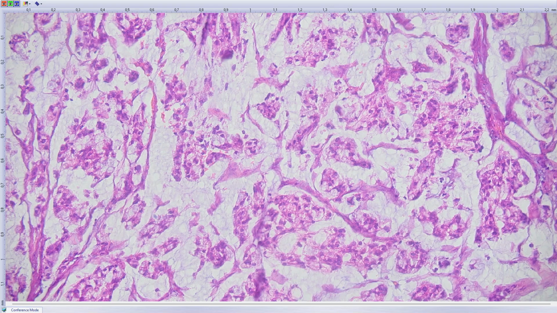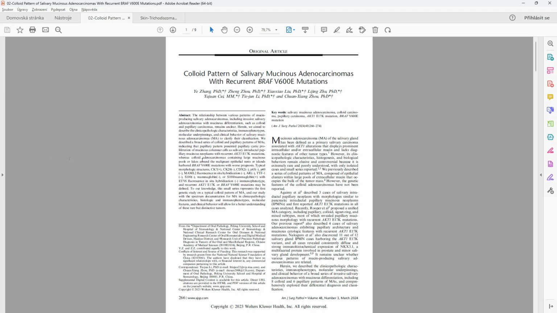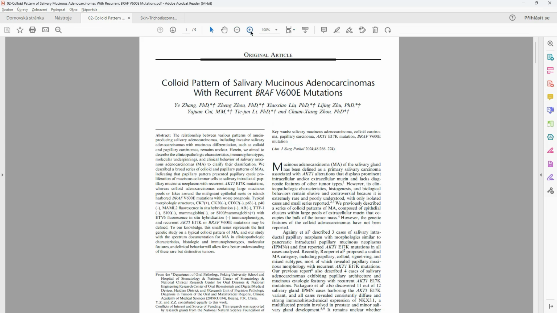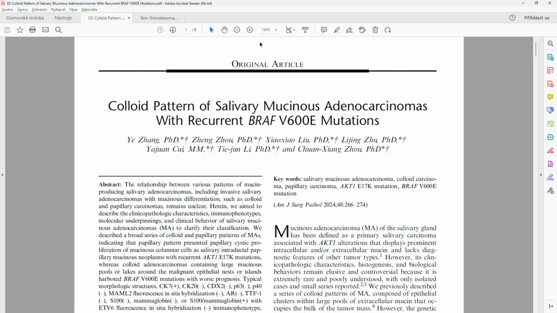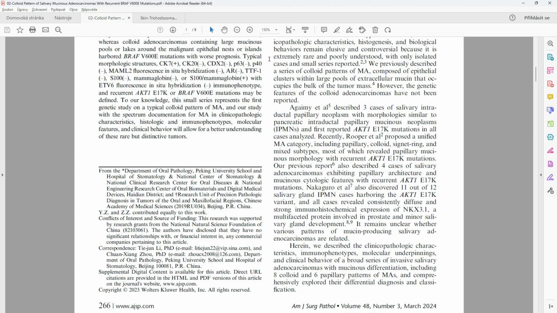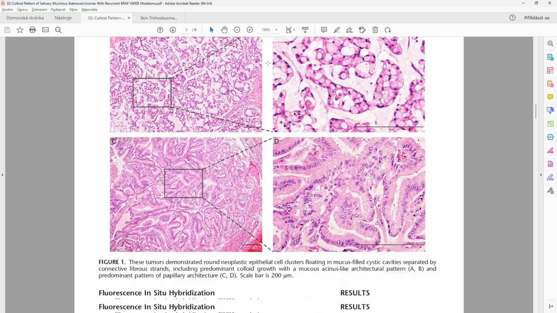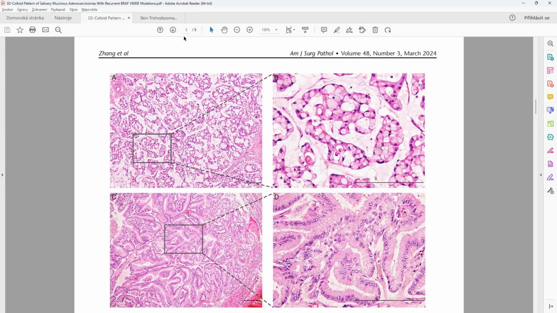It was published in March in the American Journal of Surgical Pathology. Again, you will get this paper. You should be well aware that primary mucinous adenocarcinoma can occur in salivary glands with BRAF mutation.